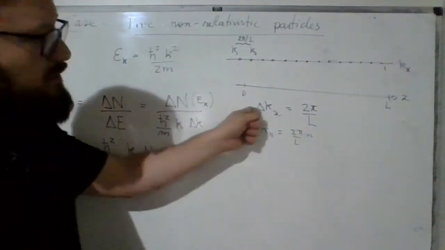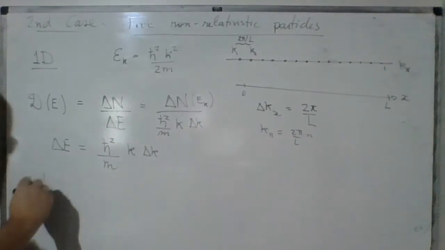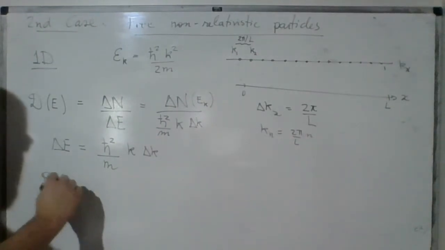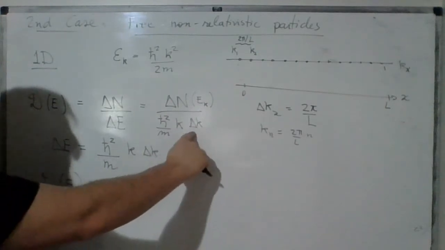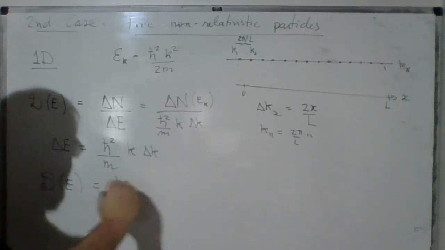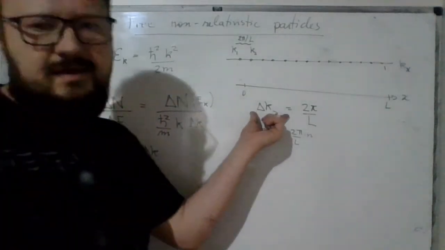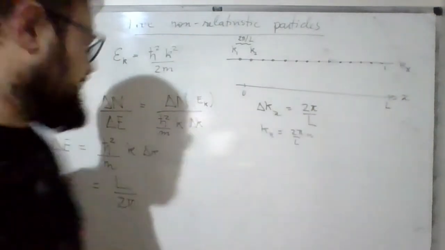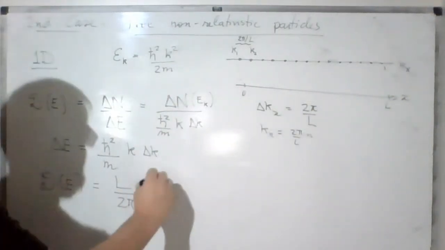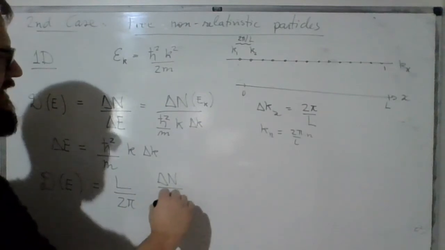But the minimum delta k is 2 pi over L. And in this case, the density of states would correspond to 1 over delta k, which is L over 2 pi. Okay, this is the delta k here. The inverse is L over 2 pi. And we need to calculate delta n divided by delta k.